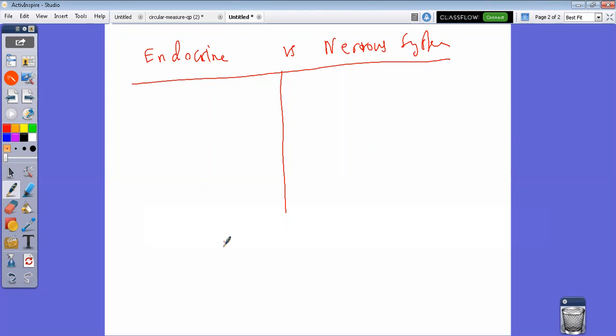I said, what are you doing? Because it's very noisy. So we can have a table. So in terms of the type of signals, what signals are used for transmission? Maybe I'll say type of signal here.